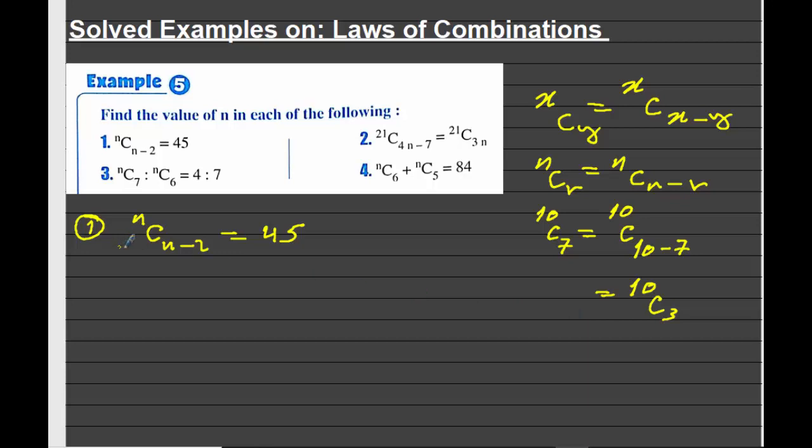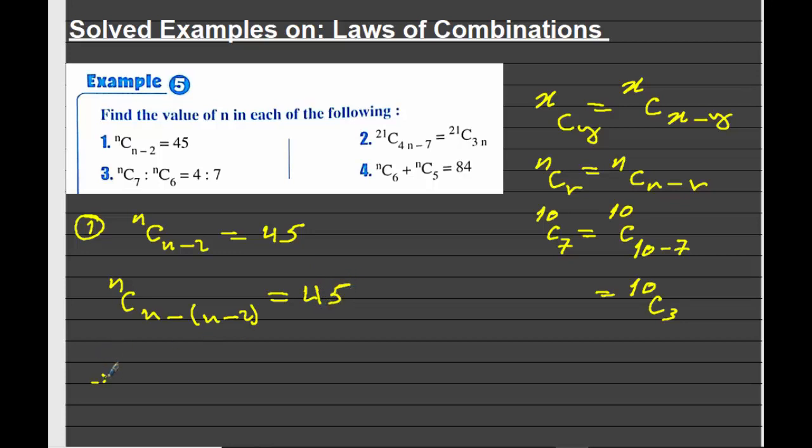Okay, so back to the question. Here we have nC(n-2). I'll use the rules to simplify it. Simplification rule. It is equal to nC(n-2), and it is equal to 45.